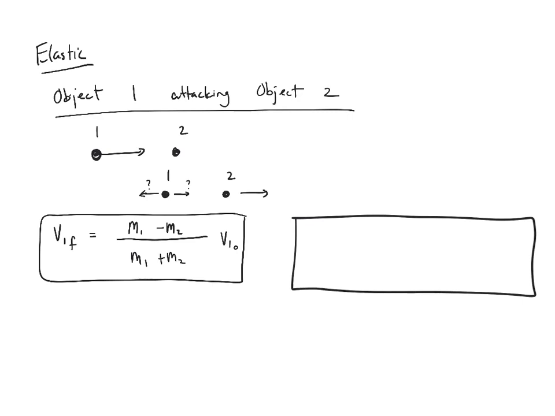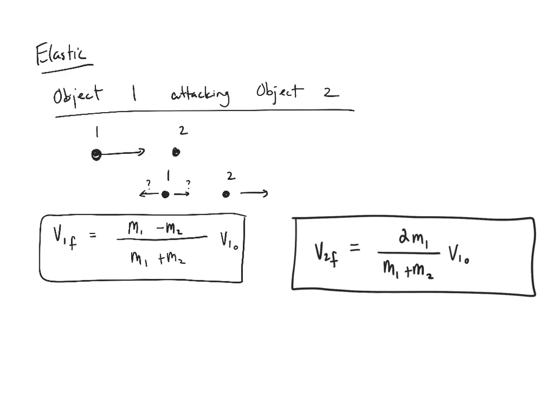And then the second object's velocity after the collision is given as 2m1 over (m1 plus m2) times, again, v1 initial. So these 2 formulas can be really useful for an elastic collision on a multiple choice problem.